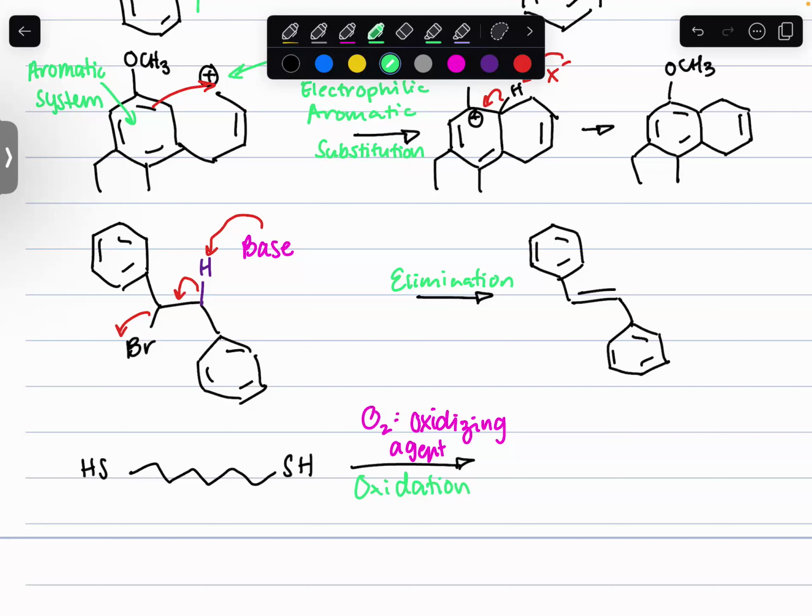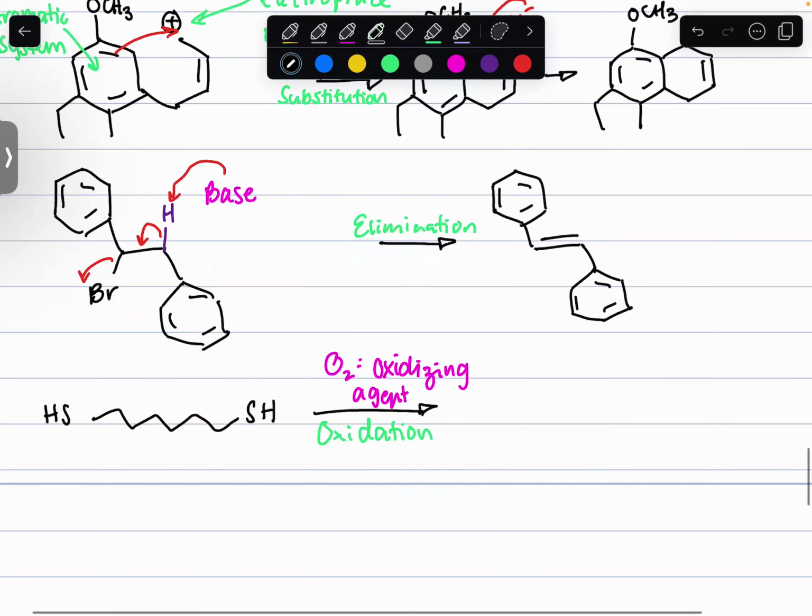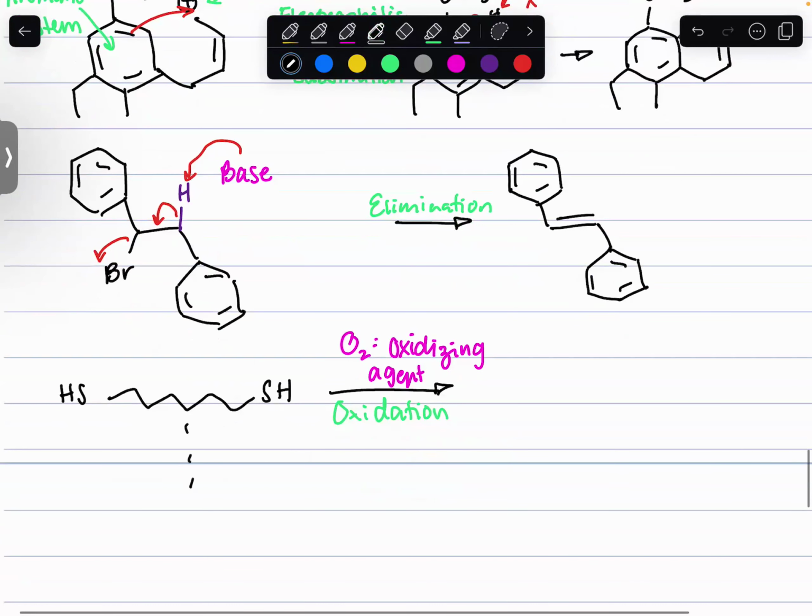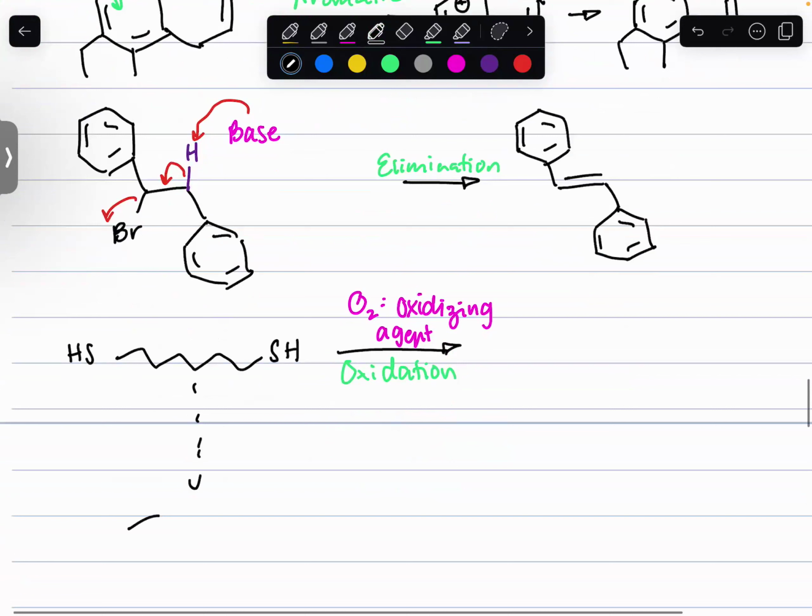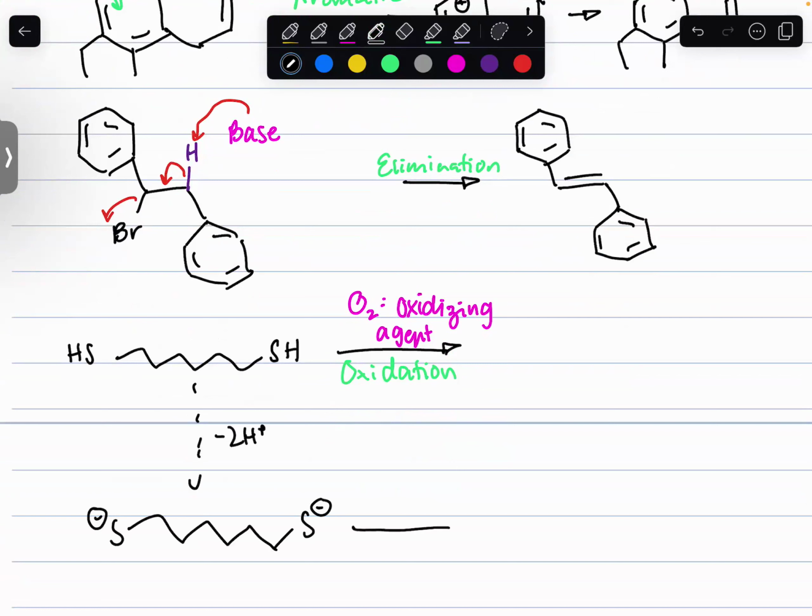So if we were to draw the intermediate where we've lost both protons, we would then also lose 2 electrons.